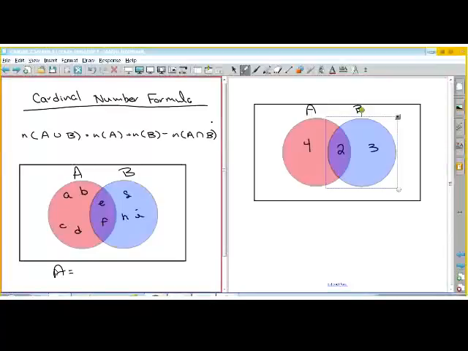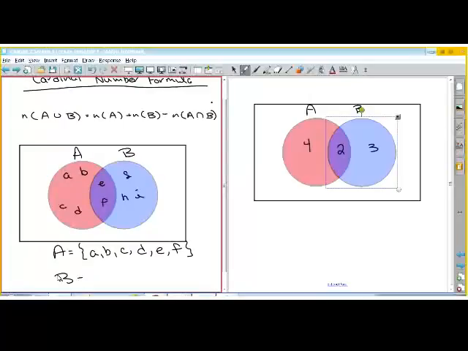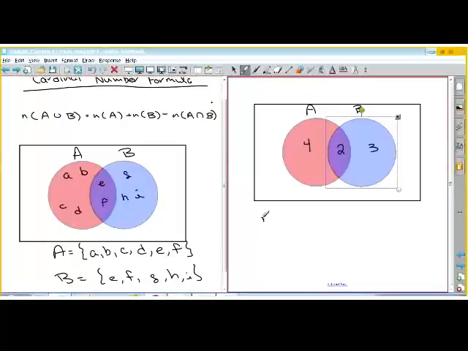So actually, there's a review. Set A would consist of the letters A, B, C, D, E, and F. And set B would consist of the letters E, F, G, H, and I. And what I can say is that the number of elements in set A is 6.